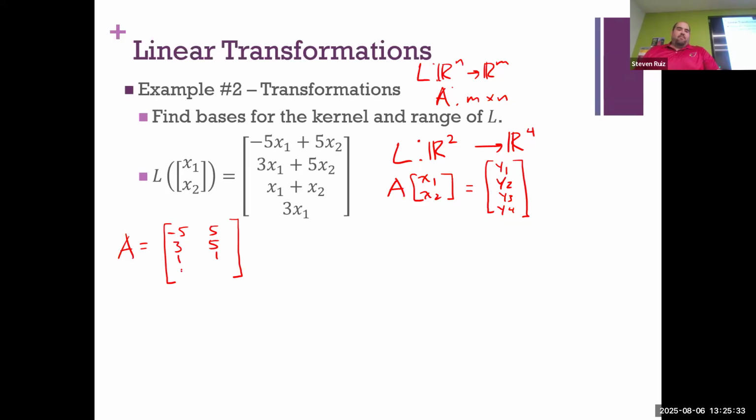From y. What are the outputs equal? y1 equals negative 5x1 plus 5x2. So knowing that I'm going to multiply A by x1, x2, it needs to give me these 4 rows. Then yes, I can simply pluck out the coefficients. So this is what A looks like.